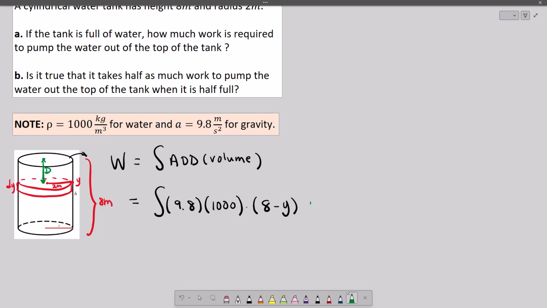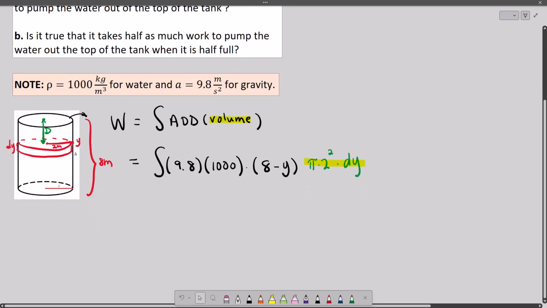It's a circle of radius 2, so it's pi times 2 squared times dy. That is the cross-sectional volume right there. We take our area and multiply it by dy. That's the volume of a representative slice.